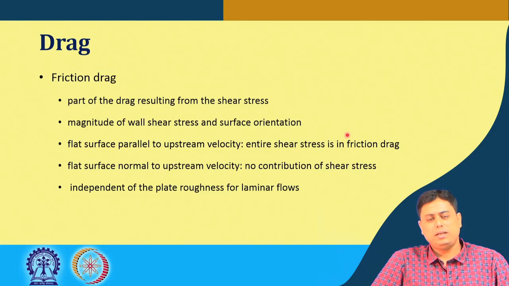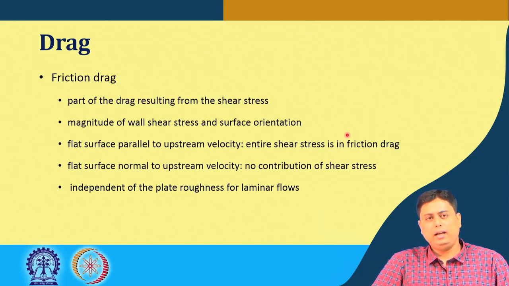So, it is basically in the direction of the upstream velocity, or along the direction of the surface. For a flat surface parallel to upstream velocity, the entire shear stress is basically the friction drag. There is no pressure drag.